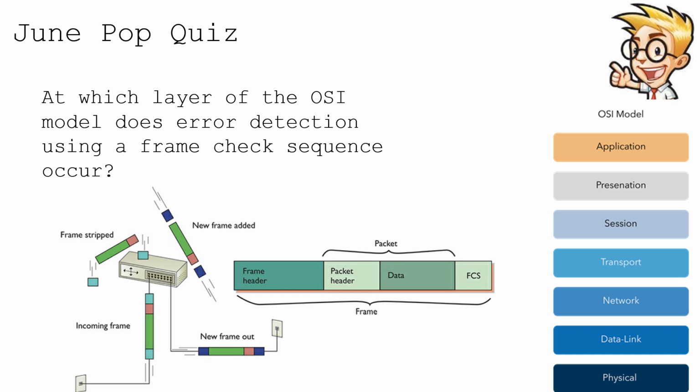So headers and trailers of frames get changed all the time as they forward through switches. As you can see in this visual picture right here, you can see these little colors. Just imagine that is what the packet looks like as it gets forwarded to the next switch. So which of the layers is that? Do you know? Okay, let's look at the answer.